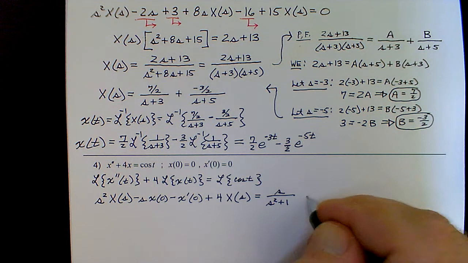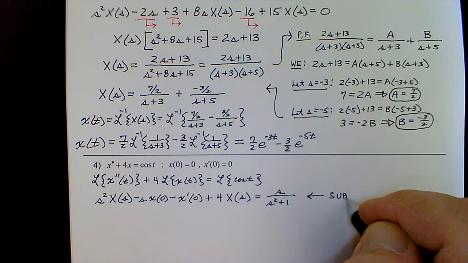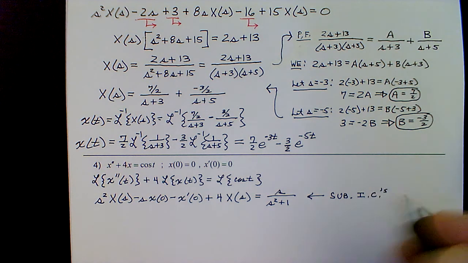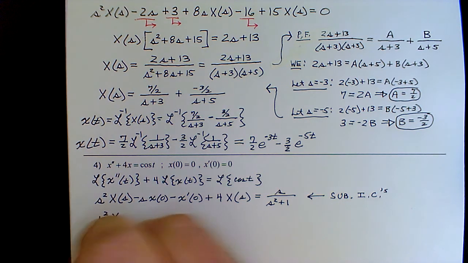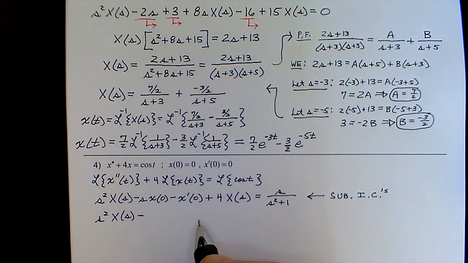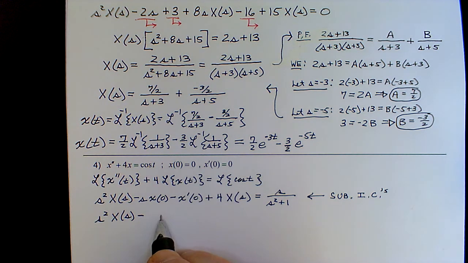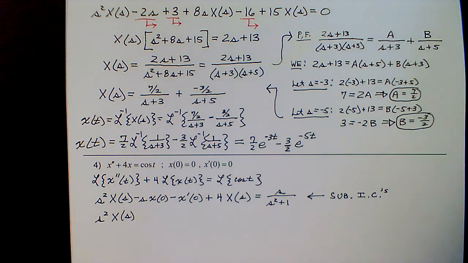Okay, so now immediately remember you always want to substitute in the initial conditions after you Laplacize. And so we have s squared uppercase X of s minus, okay, x of 0 is 0. Oh, so that's 0. And x prime of 0 is 0.